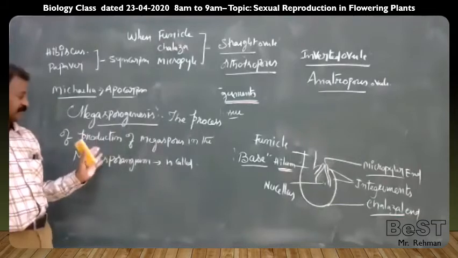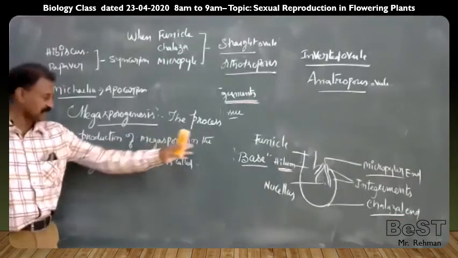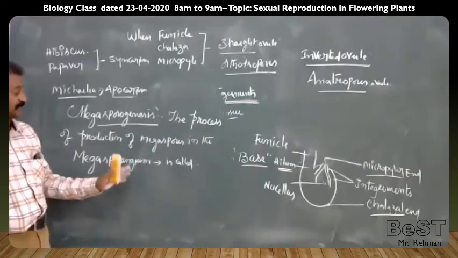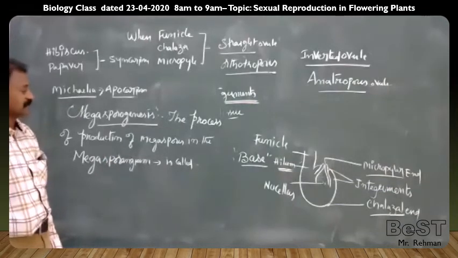The process of production of megaspores in the megasporangium is called megasporogenesis.